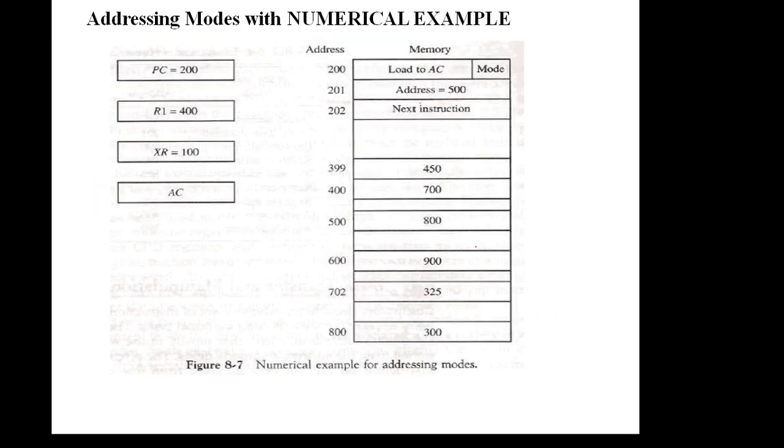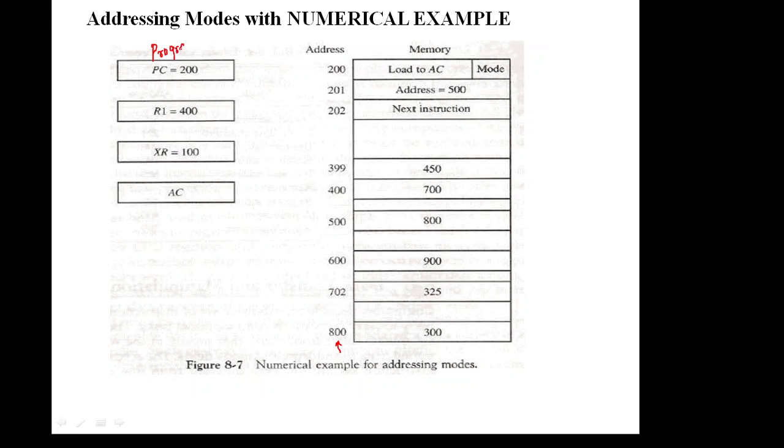So this is the numerical example. Here these are the addresses and these are the memory locations. So how many memory locations are there? In some the data is there, in some the address is specified. Here PC stands for program counter.